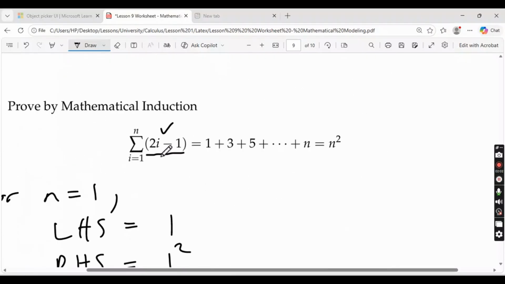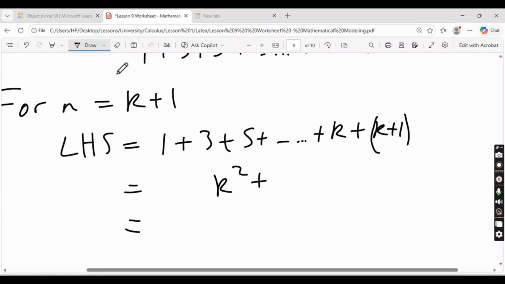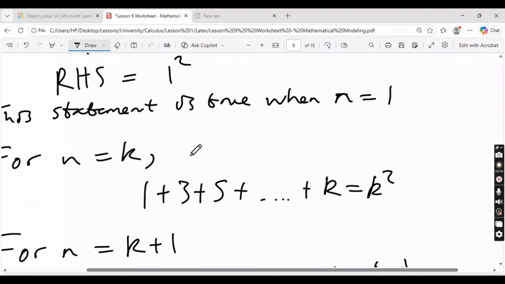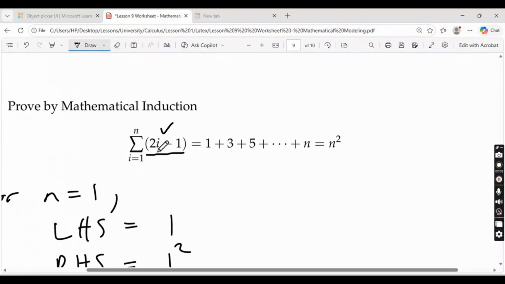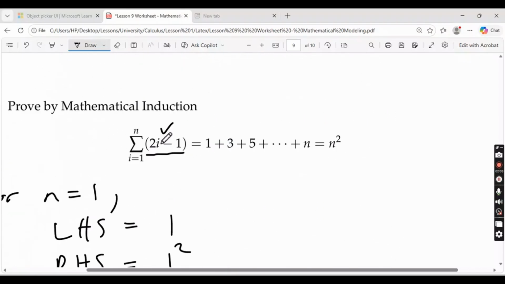Does that make sense? Okay. So meaning that what do we write? 2k minus 1. 2, 2k plus 1 minus 1.